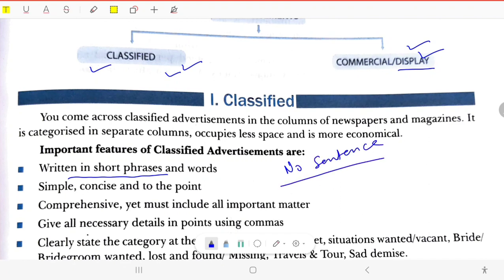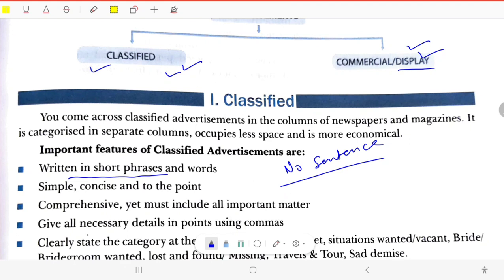We should not write sentences because newspapers charge either per square centimeter, per word, or column wise. Though from the newspaper side there is no restriction, it can be of any size, here the objective is to convey more by paying less.